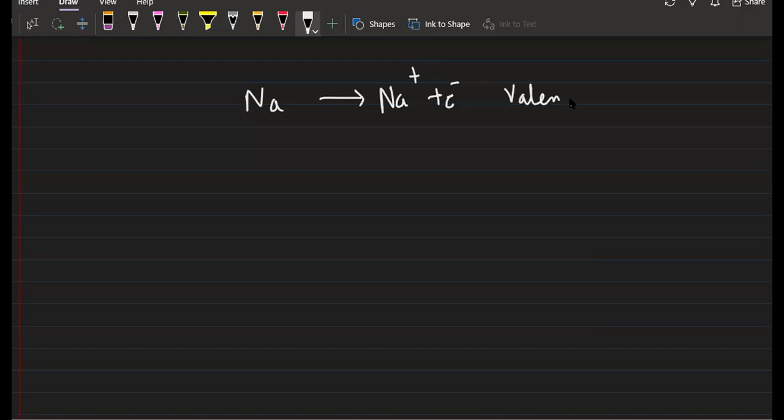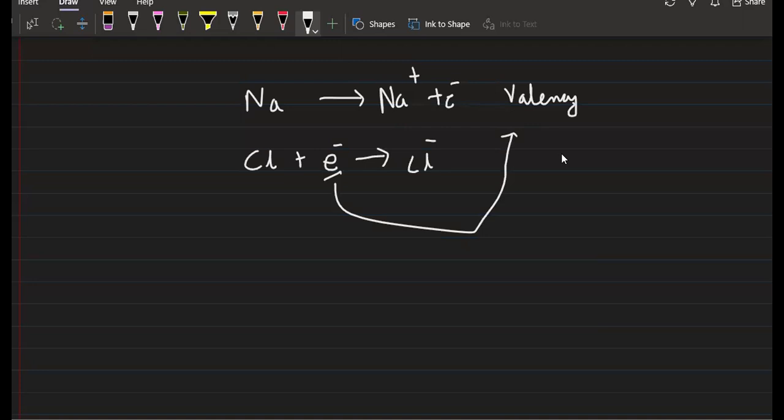In the same way, chlorine will gain one electron and form Cl minus. So this one electron is also valency. The number of electrons which is exchanged between two atoms is called its valency.